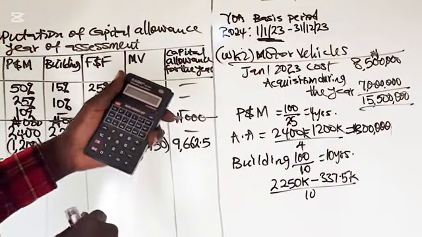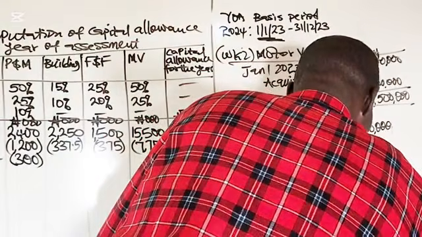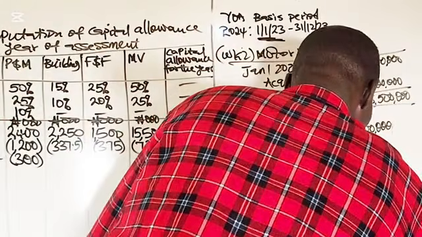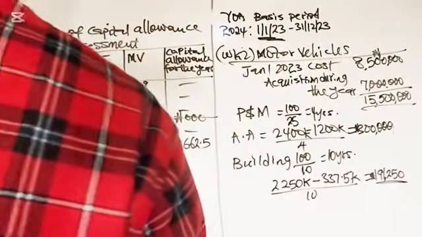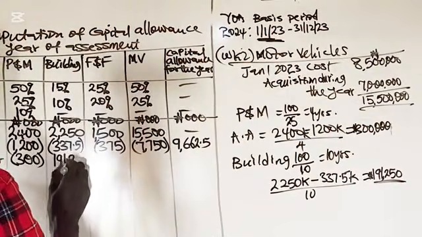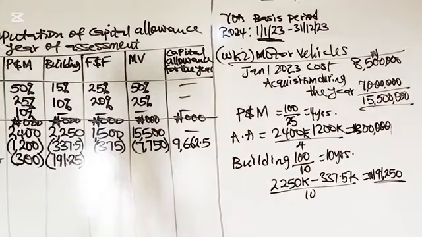That gives us 191.25, that is 191,250. That is the annual allowance on building.